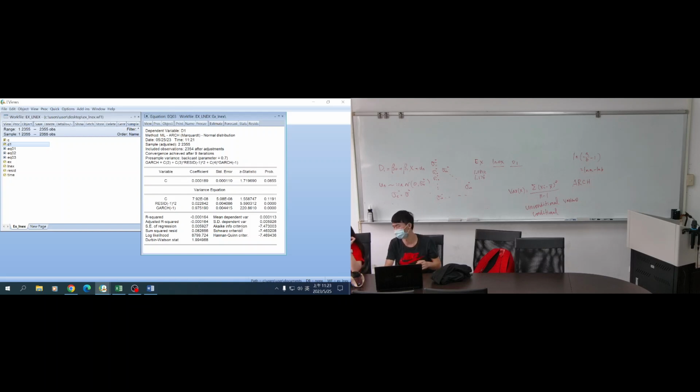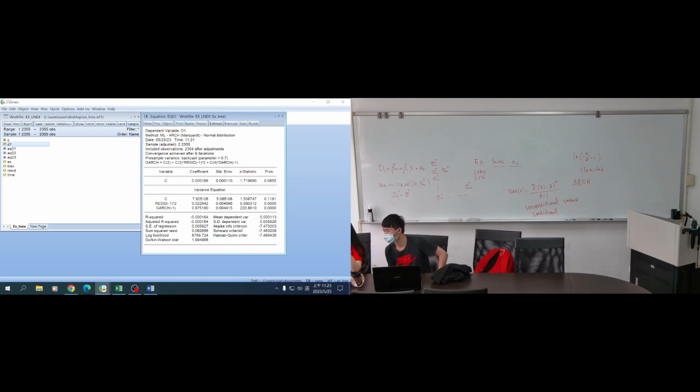Okay, and are you using T? Here it is using Z, since this is maximum likelihood estimation. It's not the T distribution. You need to change that. Maximum likelihood estimation is using Z statistics instead of T statistics.